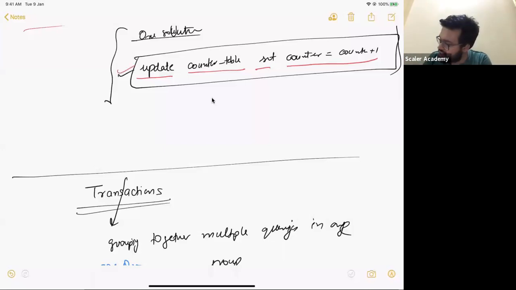This was possible here because I was just doing a counter plus 1. But what if I was doing some sort of operations in between? It was not possible to combine it into one single update. I'm not talking about running a complex query. A complex query can be made of multiple statements. That will not solve the problem for you.